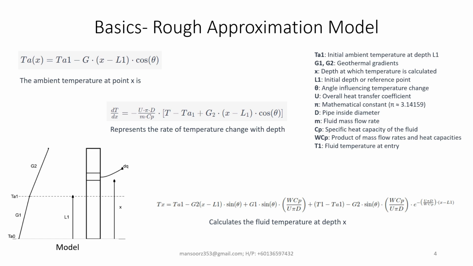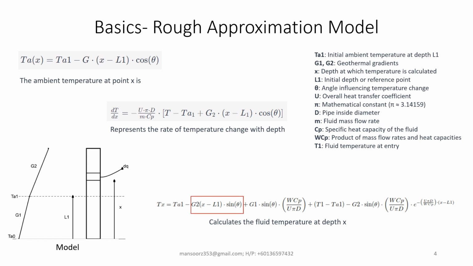Tx is the desired output, representing the fluid temperature at a specific depth. It is calculated by considering various parameters, including initial ambient temperature, geothermal gradient, U-value, and pipe inside diameter, in addition to the initial fluid temperature.